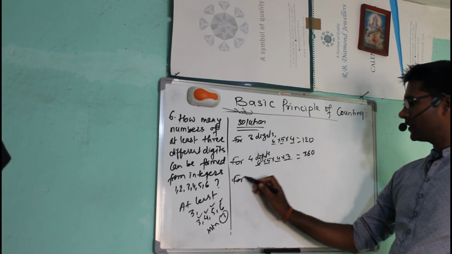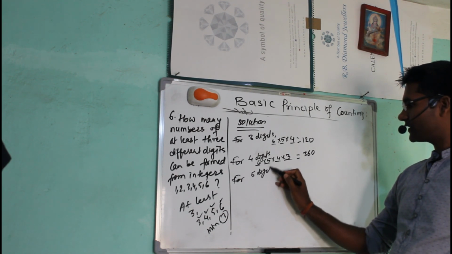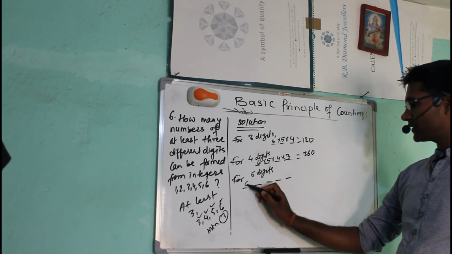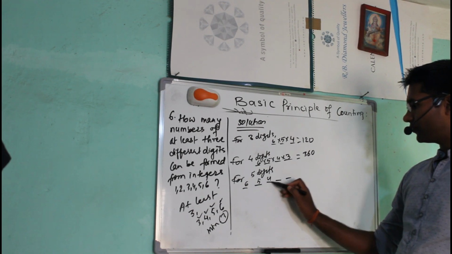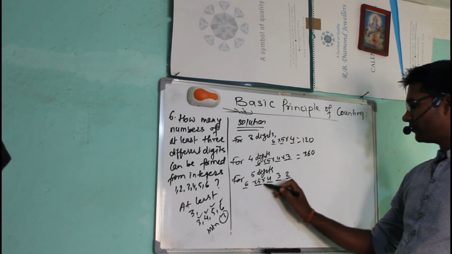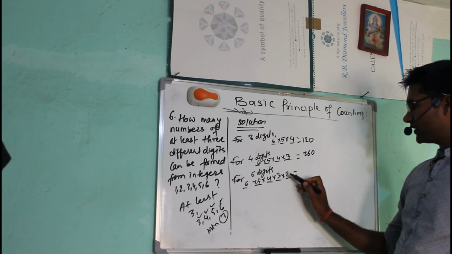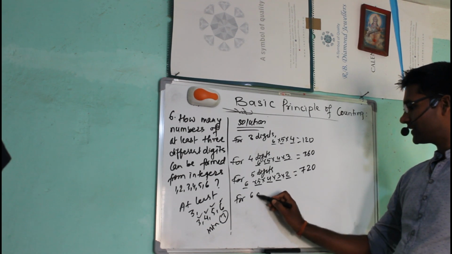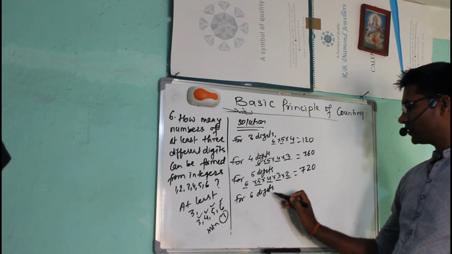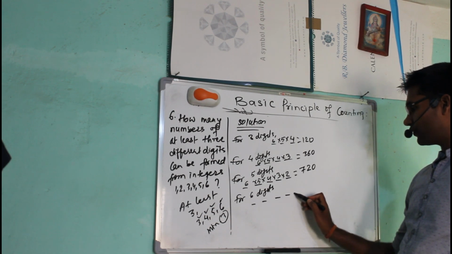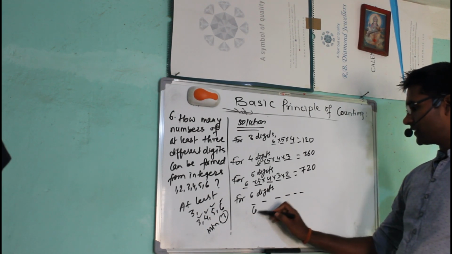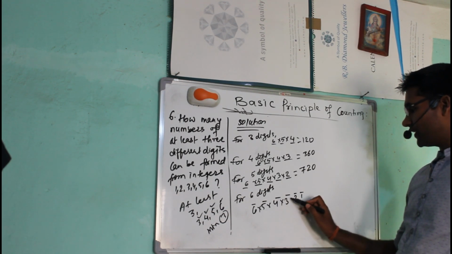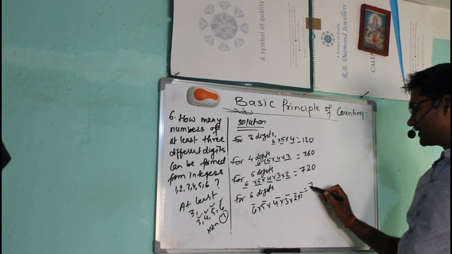For 5 digits, it will be 6, 5, 4, 3 and 2, and if we multiply them we get the required ways, which is 720. For 6 digits, the choices will be 6, 5, 4, 3, 2, 1, and if we multiply them we get the total number of ways, simply 720.